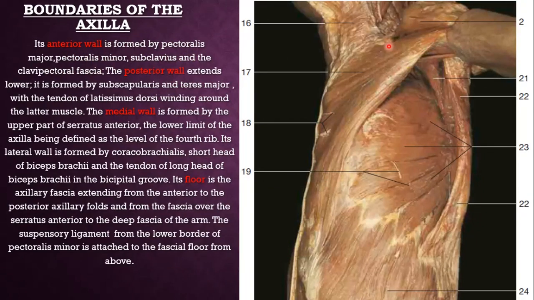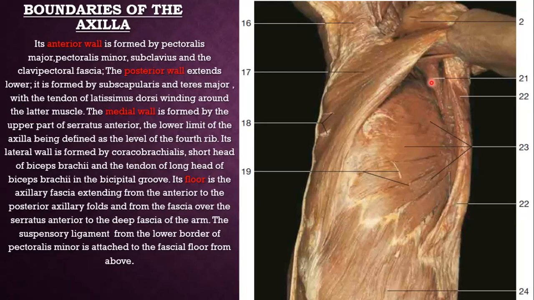The clavipectoral fascia usually extends from the clavicle. Then it usually invests the surface of pectoralis minor before becoming the suspensory ligament of the axilla.